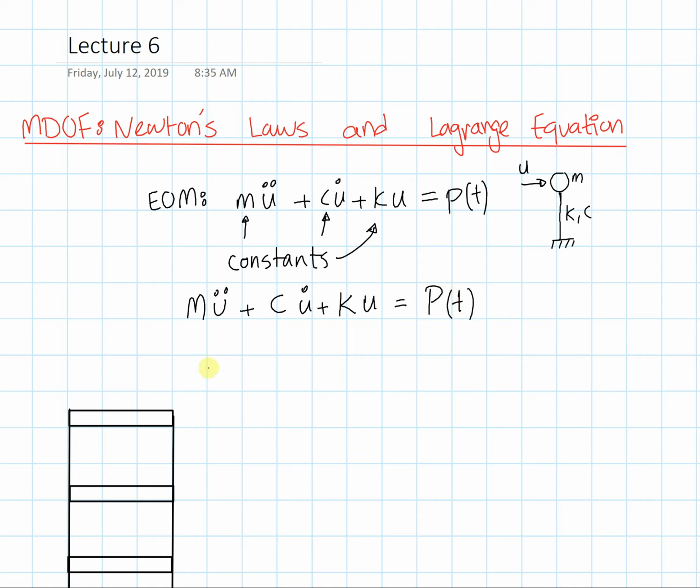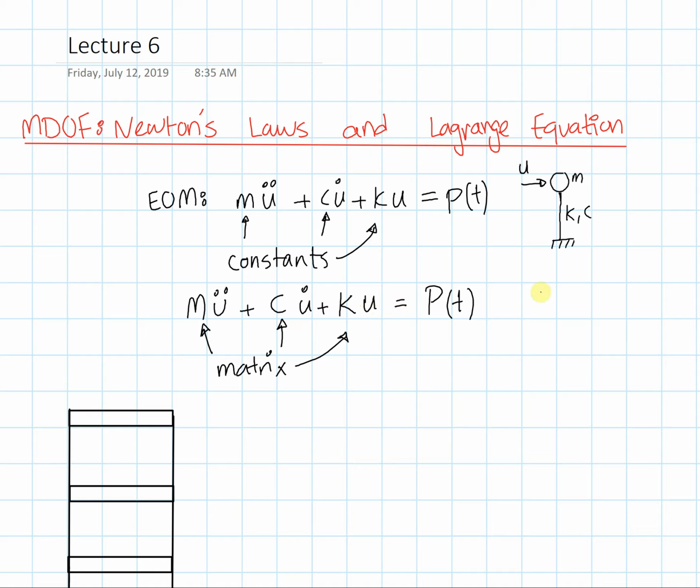So we have matrices now for damping, mass, and stiffness, and we have vectors when it comes to our accelerations, velocities, displacements, and forces.